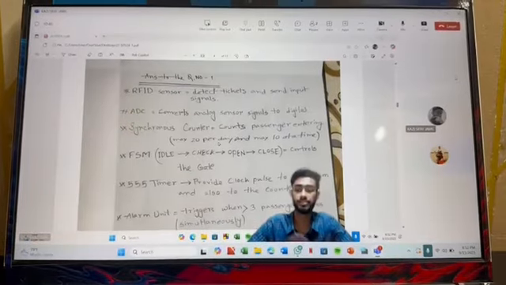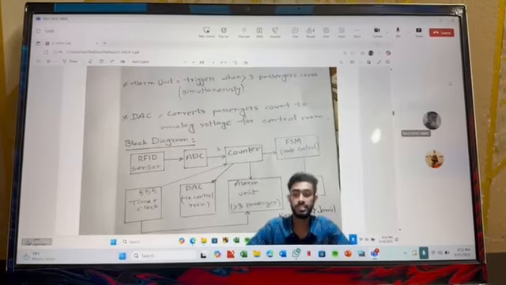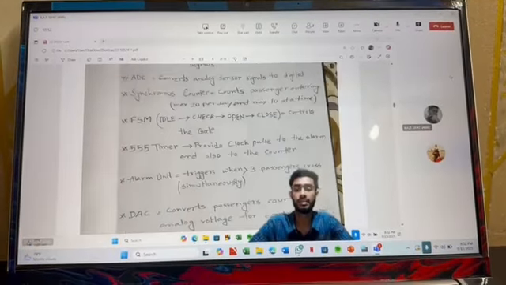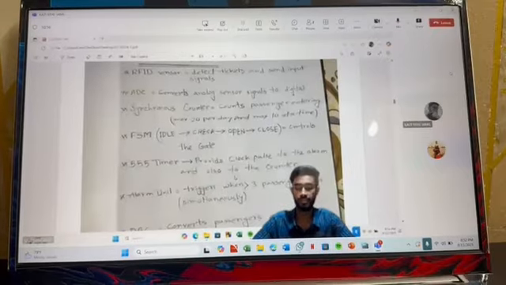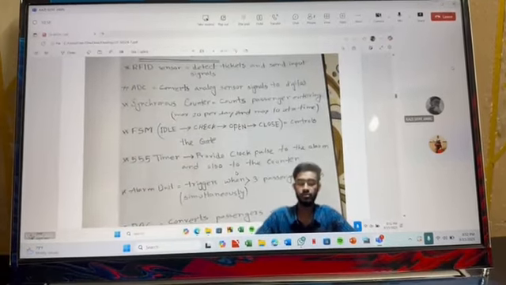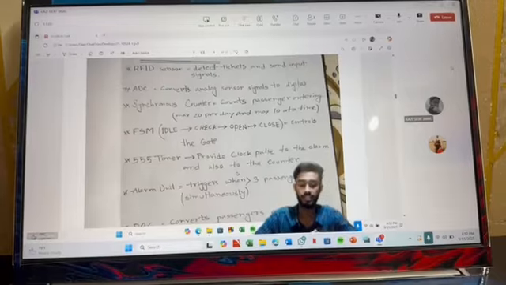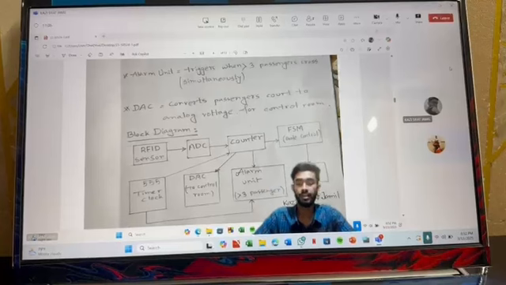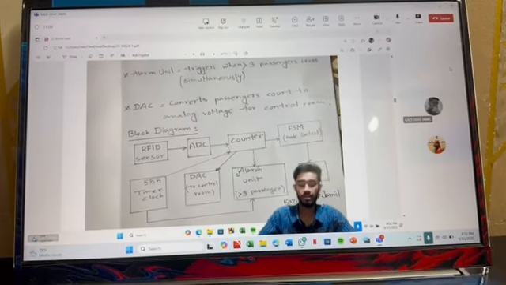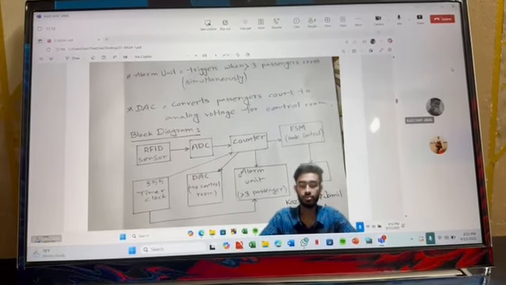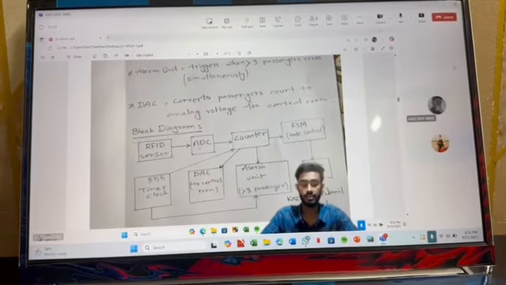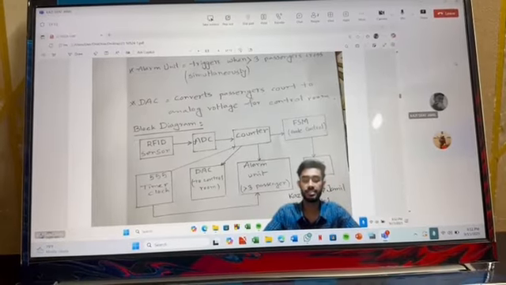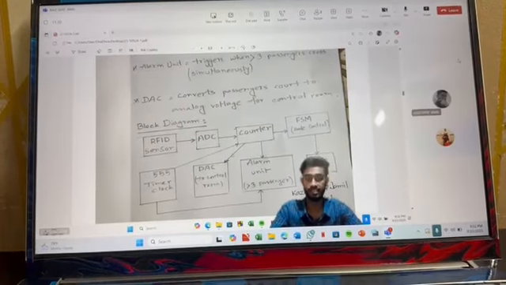How it works: here is a block diagram, and here are the descriptions given. First, we have an RFID sensor that detects a passenger's ticket. Then the signal from the sensor goes to an ADC, which converts it into a digital signal that our system can understand.